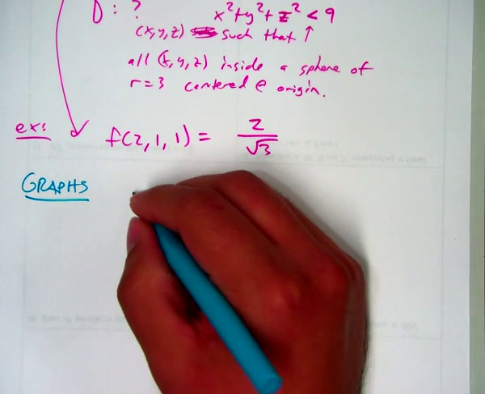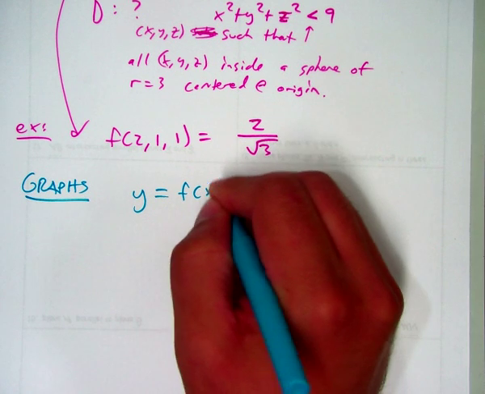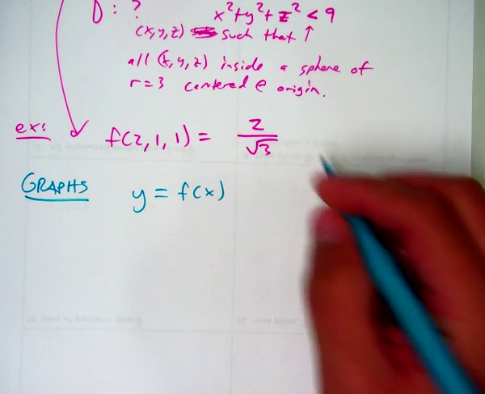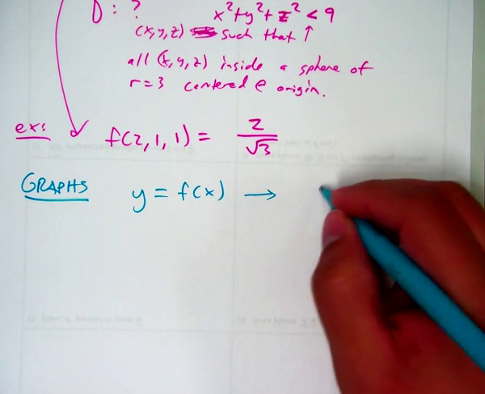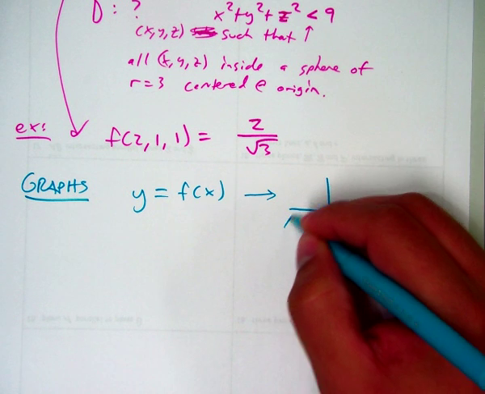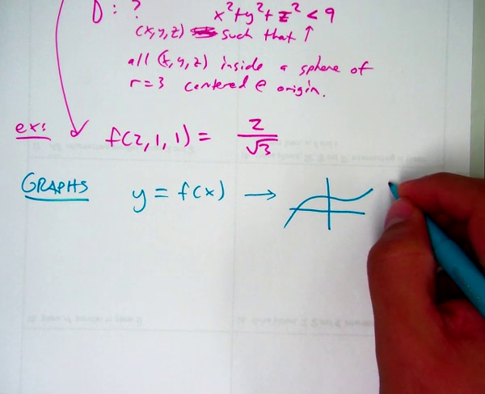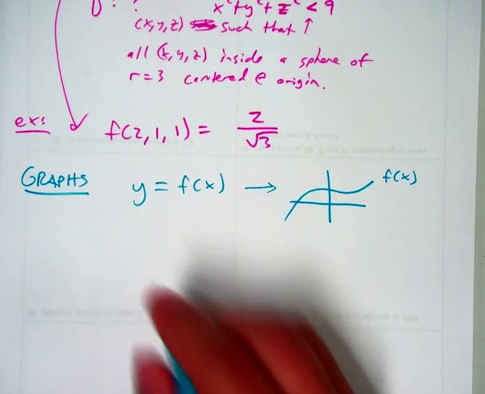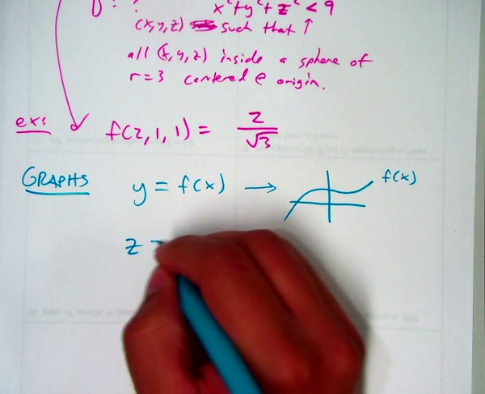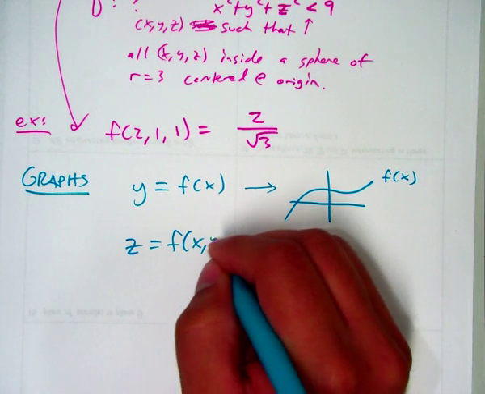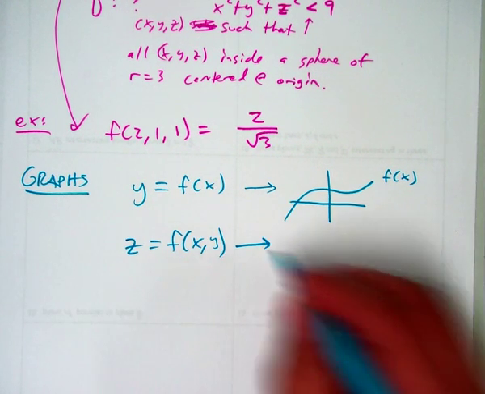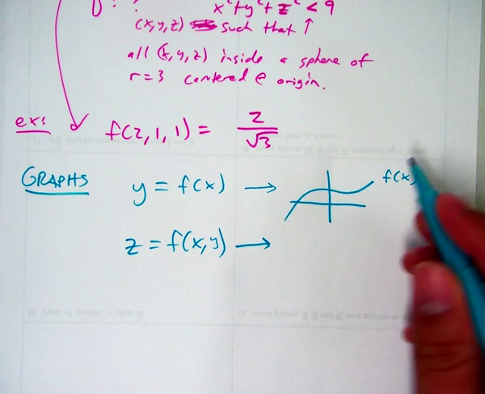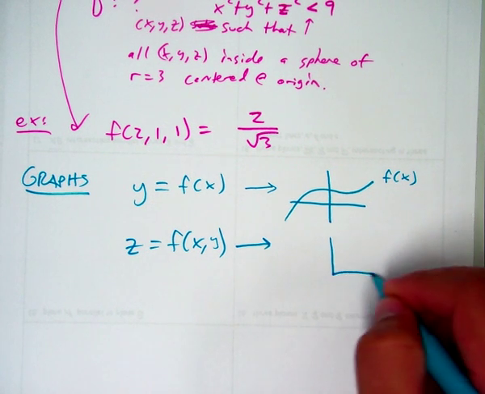We know that y equals f of x translates to something like this. Now we're going to look at z equals f of x, y. So instead of being a two-dimensional function, it is a three-dimensional surface.